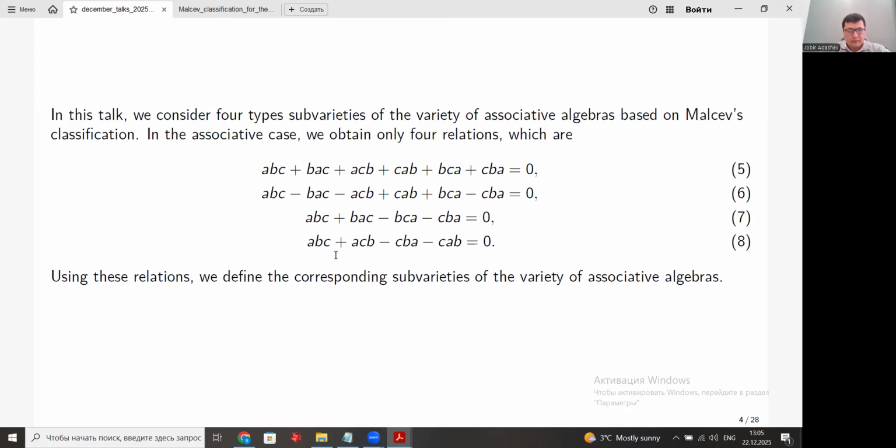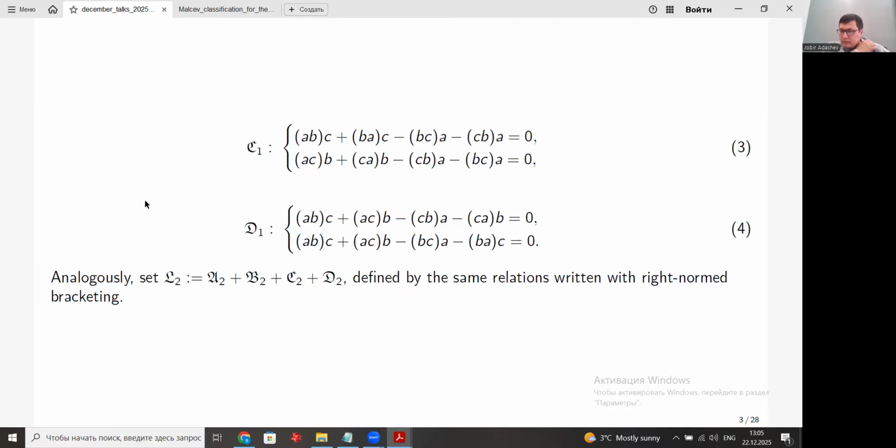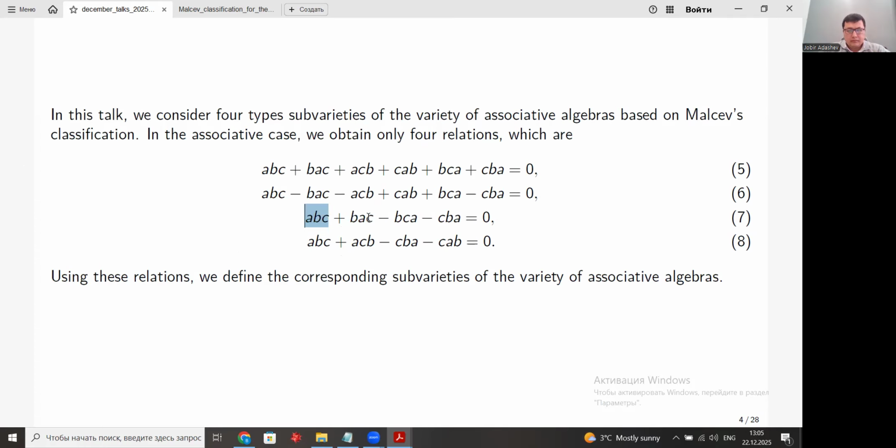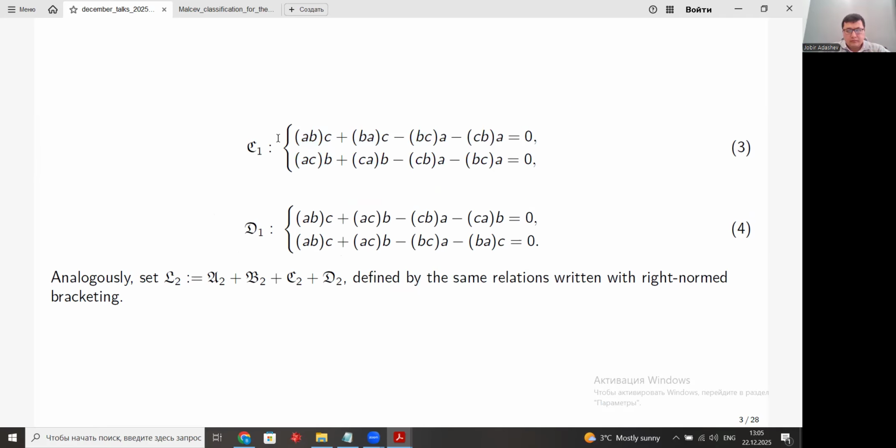Someone can ask why it's just four. You see that from this identity we can obtain these two relations.